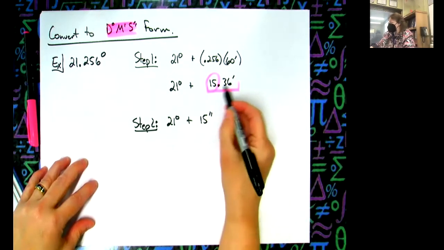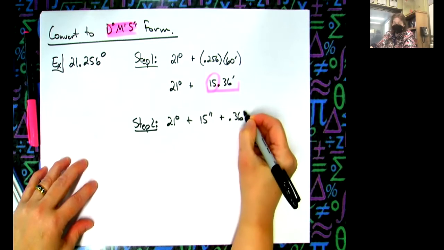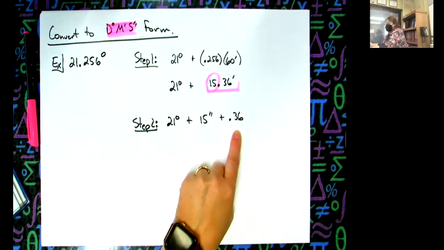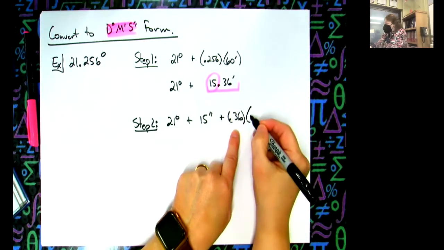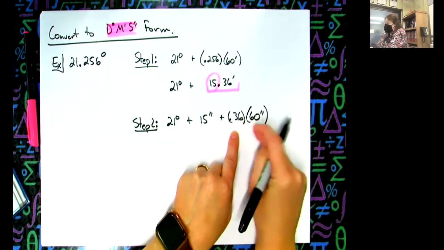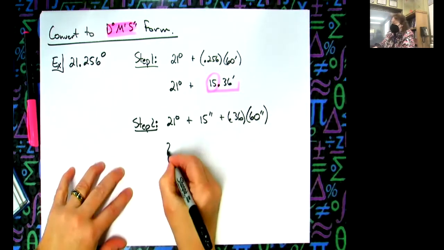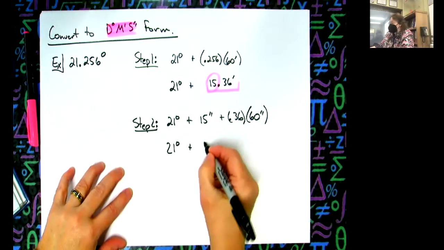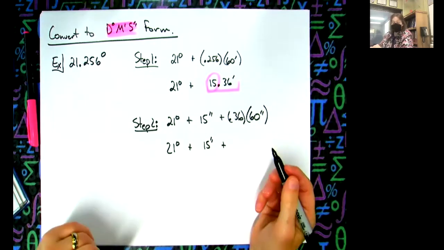And then the decimal there is going to give me a fractional part of seconds. So I know I've got 0.36 minutes. I'm going to take that times 60 seconds, and this will tell me how many seconds I have. Now I am putting add signs in between here because we are adding all this up. When I write it in final form, I'll take the add signs out.